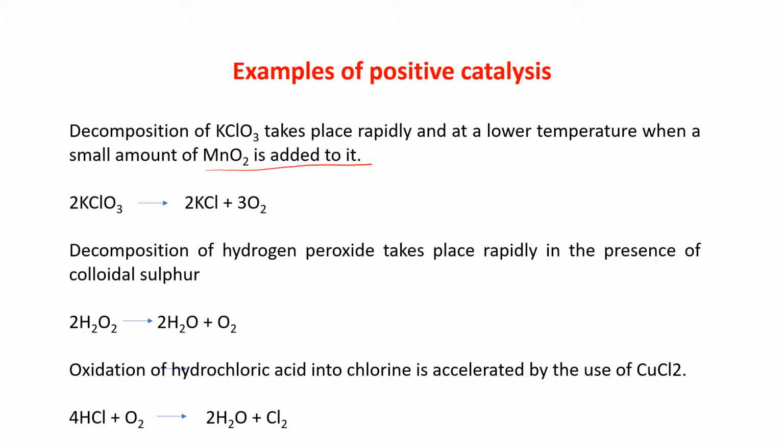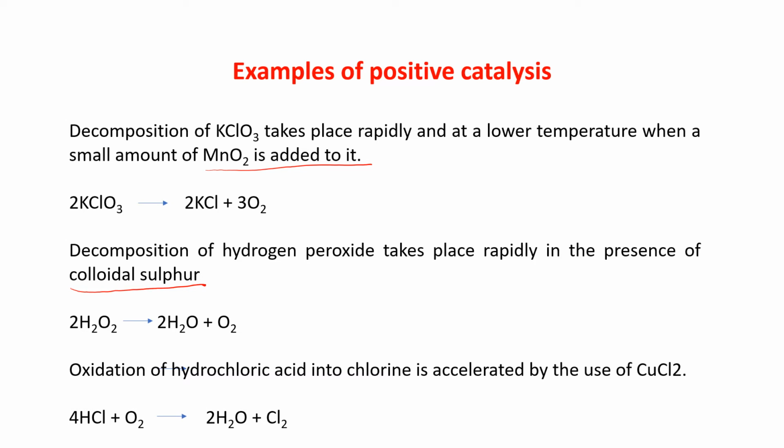KClO3, when it is decomposing, it is giving you O2, but MnO2 should be present as catalyst. Decomposition of hydrogen peroxide takes place rapidly in the presence of colloidal sulfur. So the sulfur acts as catalyst.